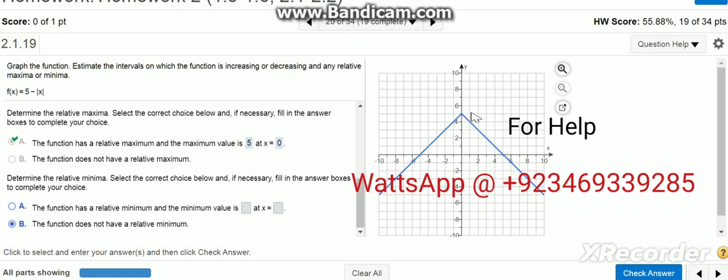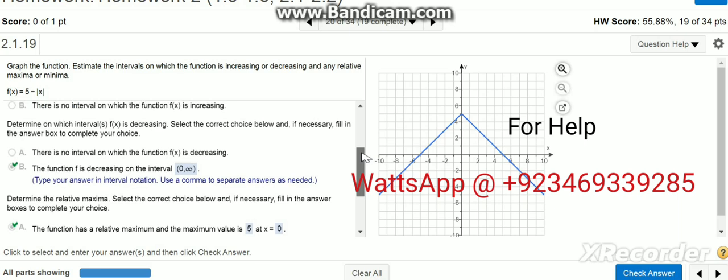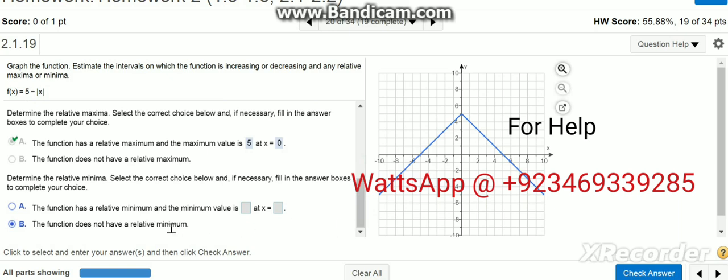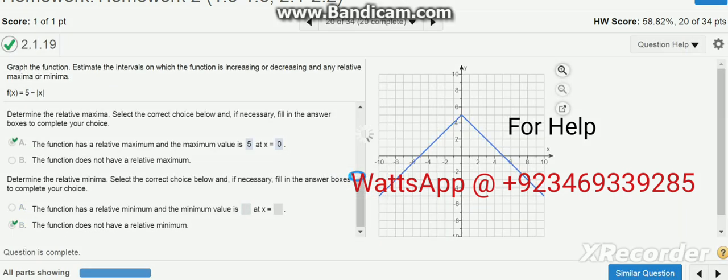Where is the maximum? It is 5, where x is 0, and the function is decreasing from 0 to infinity, and increasing from minus infinity to 0. Now relative minimum: there is no relative minimum, it doesn't exist. Yeah, thank you. So let's move to the other question.